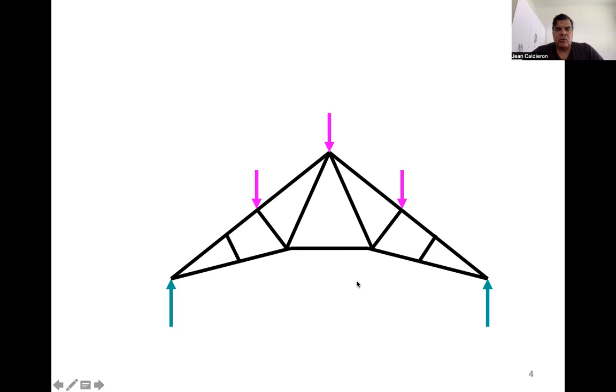This type of truss normally cannot be calculated by this method because it will produce mistakes, and it will not be possible to do it. Before you do the calculations, you need to make sure that the truss is determinate. If the truss is not determinate, you can write in the test that we didn't learn how to do it, and that's it. You don't need to do the calculations.